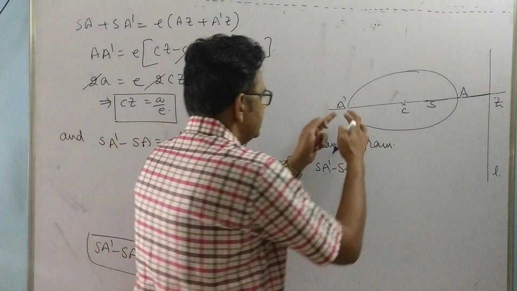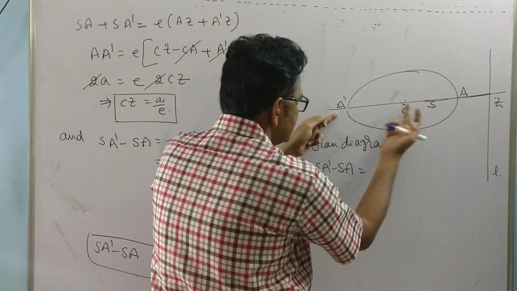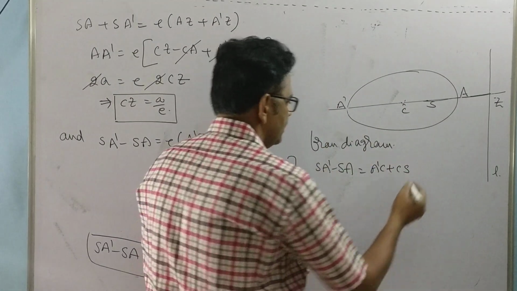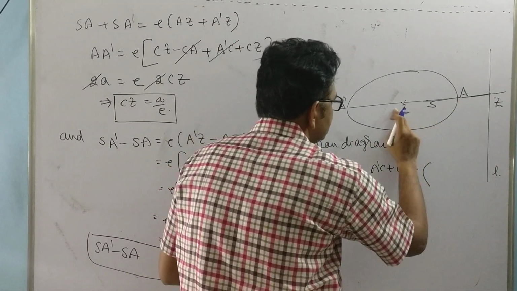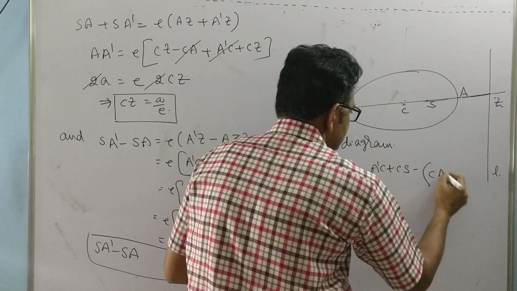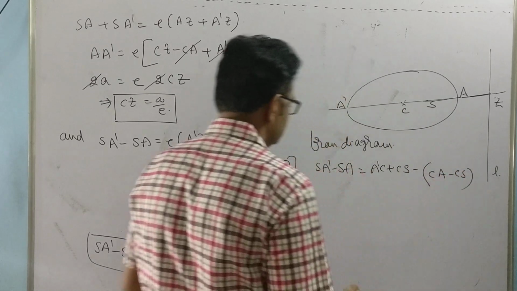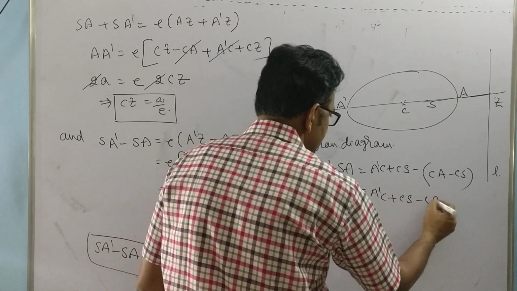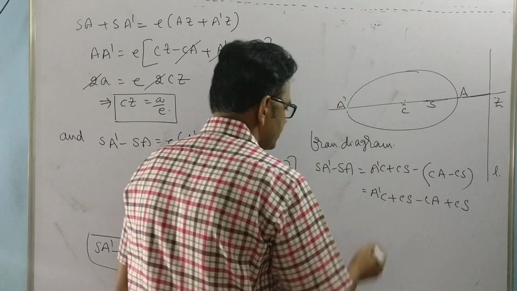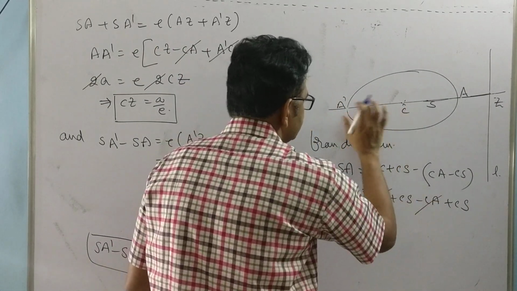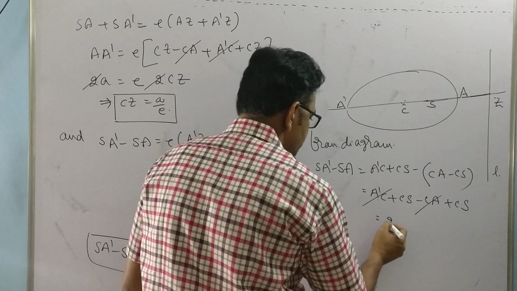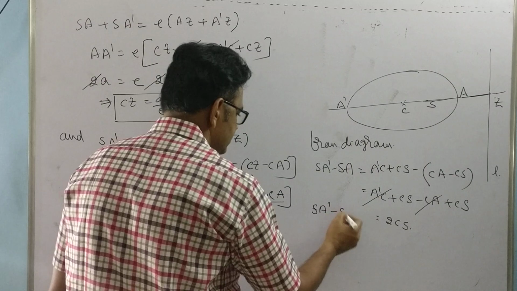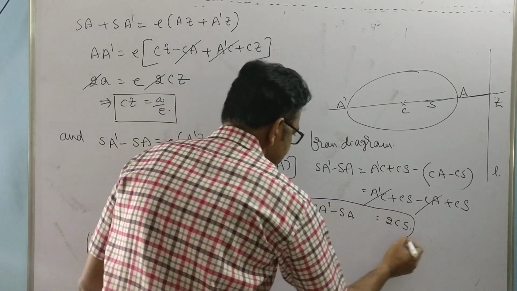A dash S is A dash C plus CS minus SA, that is CA minus CS, that is equal to A dash C plus CS minus CA plus CS. A dash C equals CA, because C is the midpoint of A dash, so that is equal to 2CS. So this is SA dash minus SA. This is the second result.